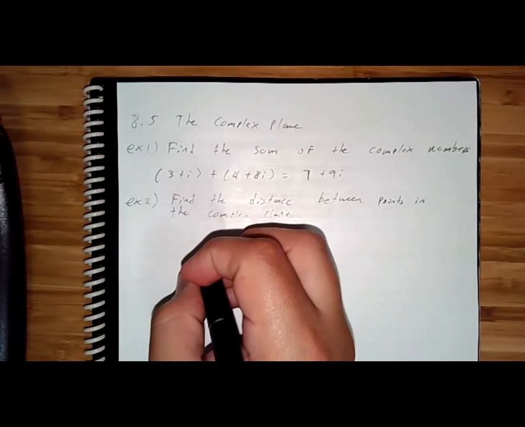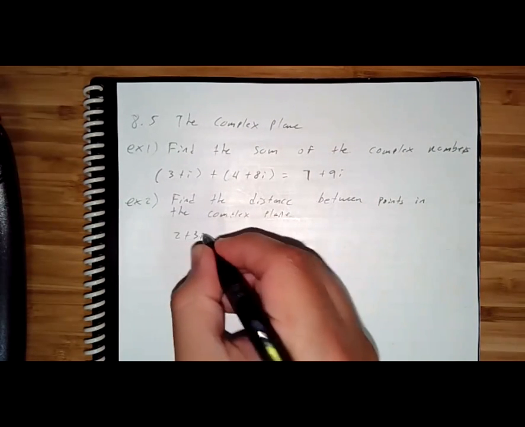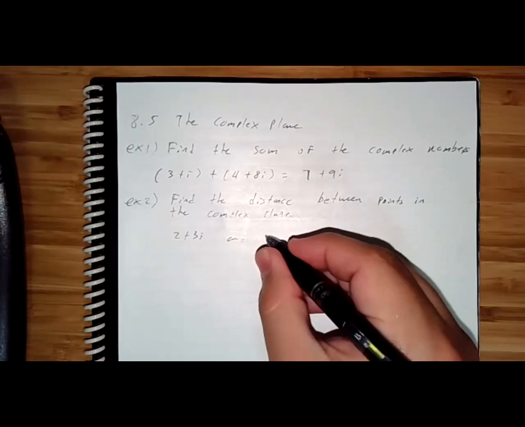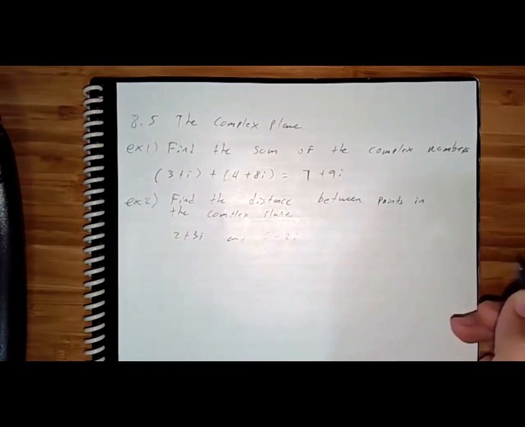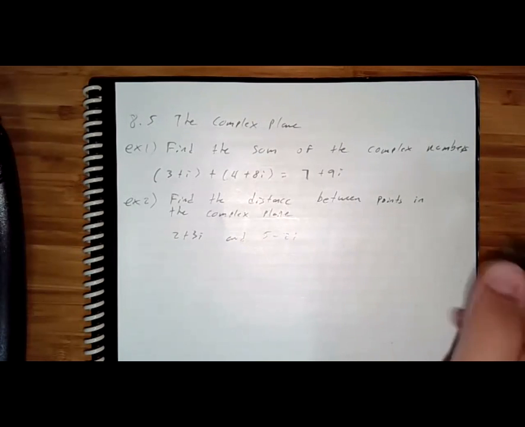So let's say they give you one point, 2 plus 3i, and 5 minus 2i. So what you first have to do is find the difference, and then you use the formula.